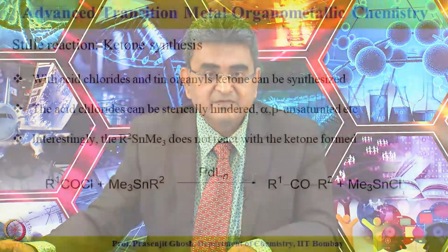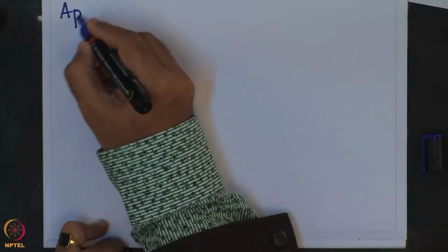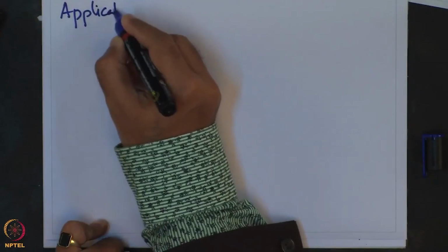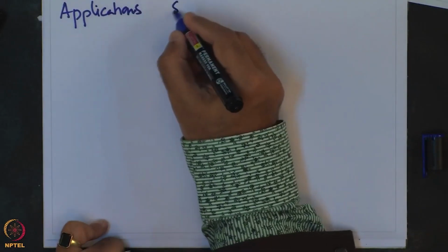Now, proceeding further, let us take a look at some application oriented examples of Stille coupling. For example, it can be used for synthesizing ketones in presence of acyl chlorides. So, applications of Stille coupling: synthesis of ketones.